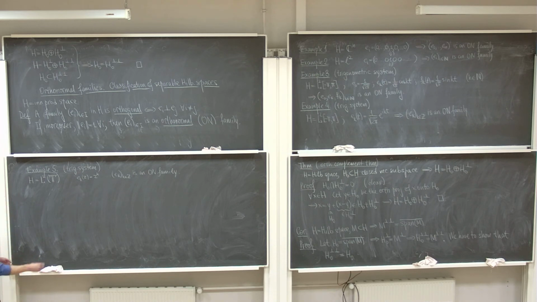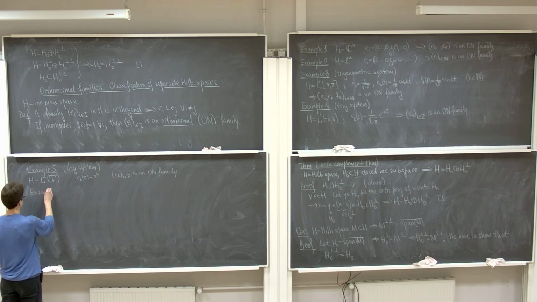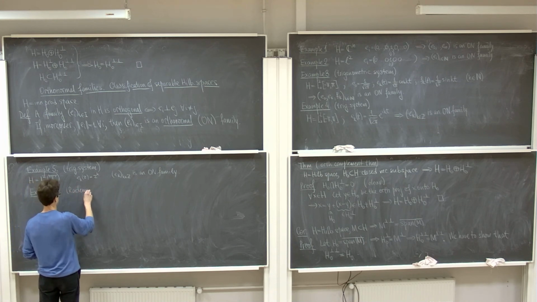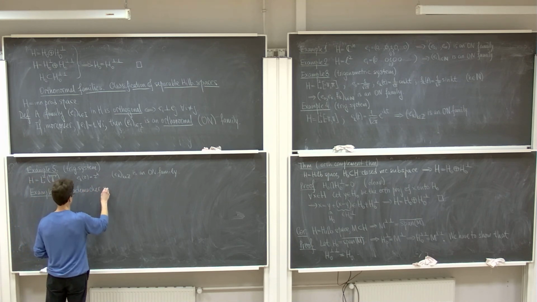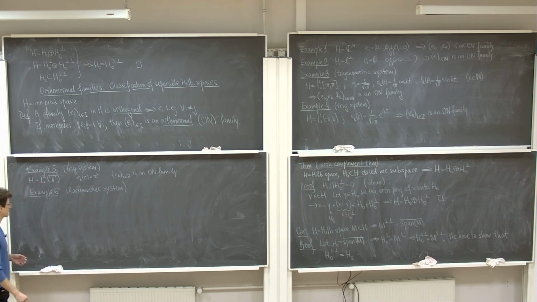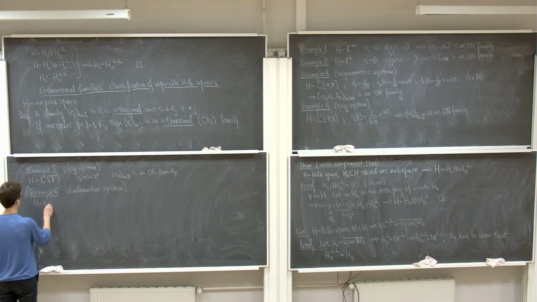Okay, one more example of an orthonormal family, example 6, is the so-called Rademacher system. So to define Rademacher functions, it's convenient to draw a picture. So first of all, H will be the L2 space on the interval 0, 1.